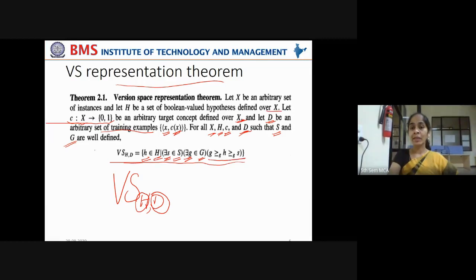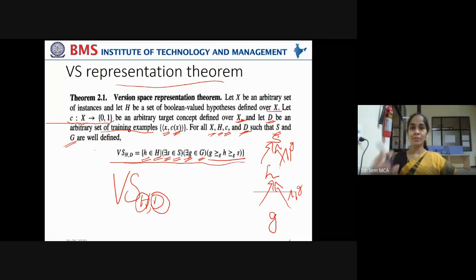This is important. G should be more general than H, and H should be more general than S. Means G lies here. That is why we got the arrows like this. H lies here, again we got the arrows like this, and S lies here. Okay. So this is more general and this is more general. Right? This is how we understand this version space. Now, because you understood this space even better than yesterday, you feel like it is a familiar concept to you now, right?